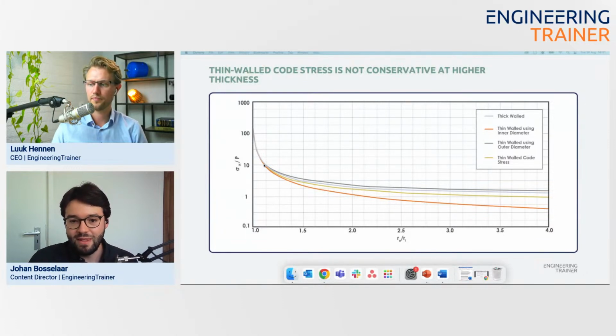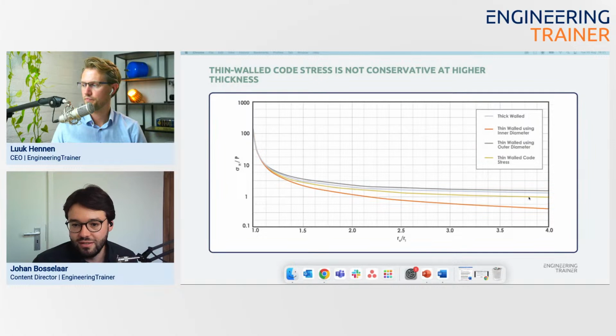But when we move further to the right, you can see that they diverge a bit. They start diverging, and in the end are pretty much diverged when you have an R over R inner of 4, for instance. Then you can see these lines don't overlap.